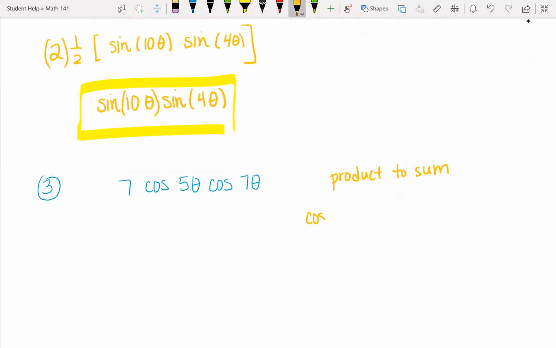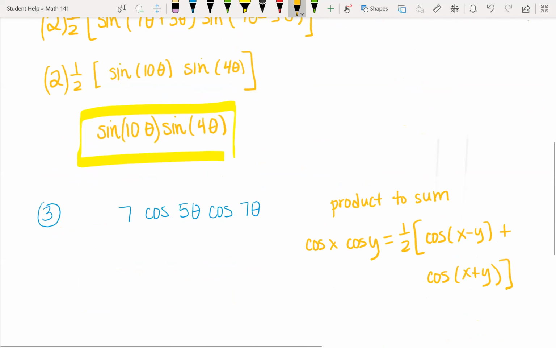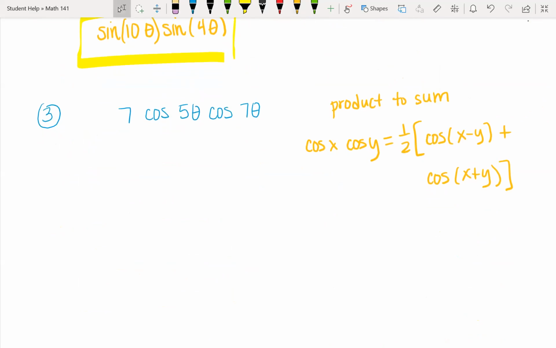So when I have cosine of x times cosine of y, we can change that into 1/2 cosine x minus y. These are backwards from the other one, and then plus cosine x plus y. This one has the x minus y first, whereas when we were up here with sine, it had the x minus y second. Sine and cosine are slightly different.